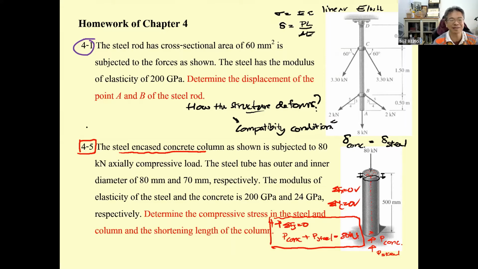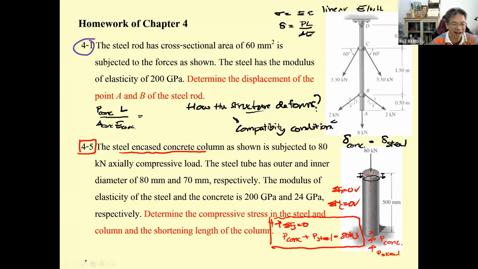So by doing this, it's going to be what? P of the concrete times L, the same L for concrete and steel, divided by A of the concrete and modulus of elasticity of the concrete.